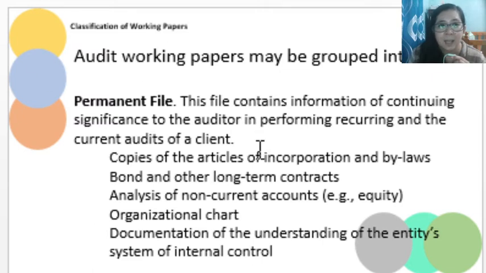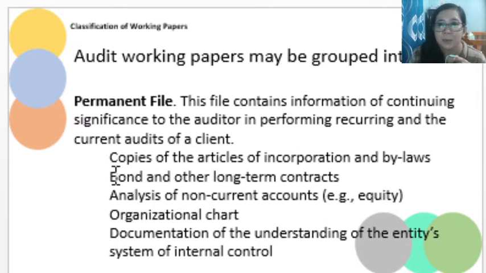The next classification of working paper is the permanent file. This file contains the information of continuing significance to the auditor when performing recurring and current audits of the client. Meaning, in this case, if the auditor is still the auditor for the current period, he was also the predecessor and the successor auditor.